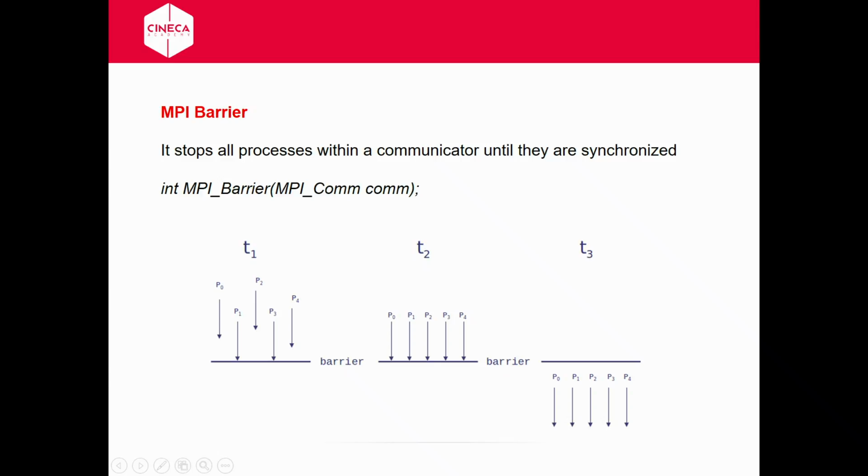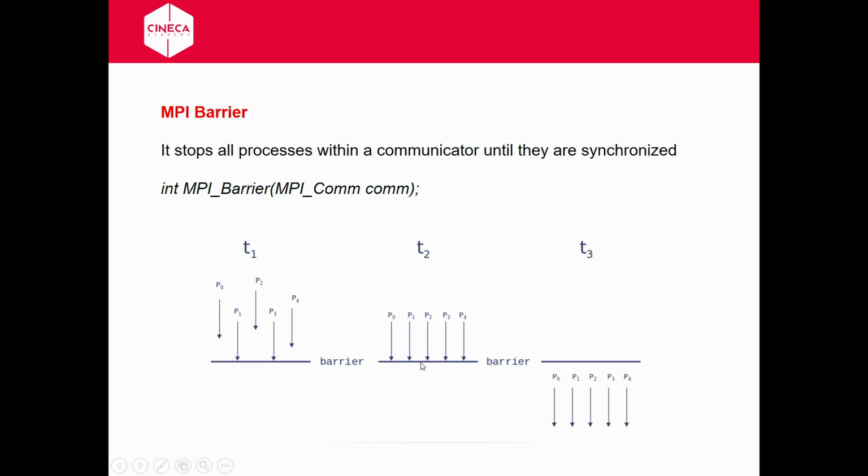We can imagine having, for example, five tasks, and in this case the tasks have different speeds. The barrier starts here and stops all the tasks until this situation is reached.